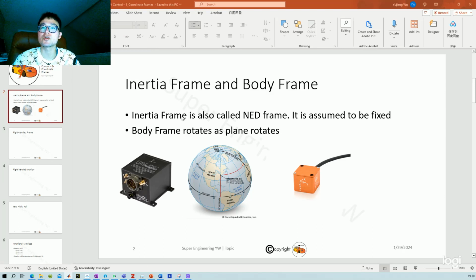Let's talk about the inertia frame. It is called the northeast down frame, and it's assumed to be fixed. What does that mean?